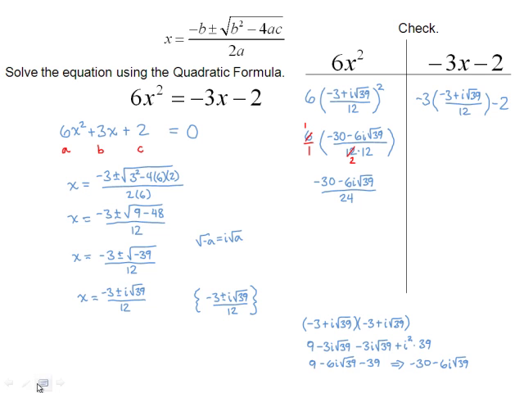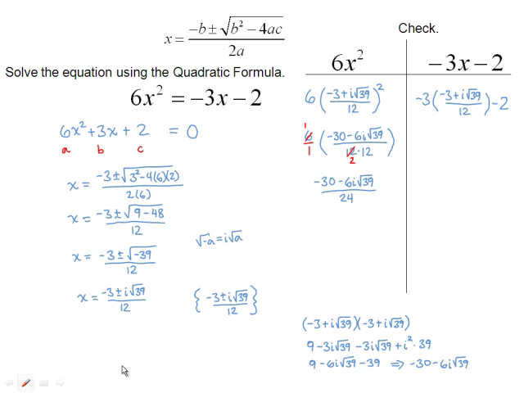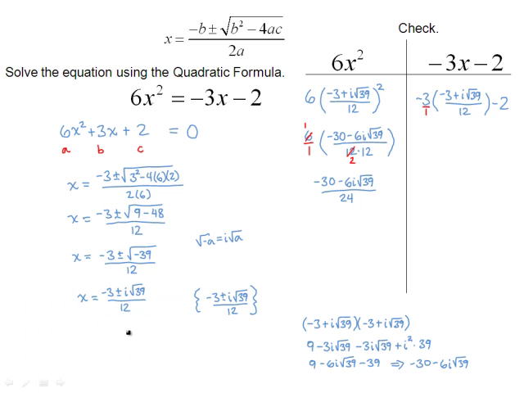So here we would just take negative 3 and distribute it on the numerator. We would have negative 3 multiplied by negative 3, which gives us positive 9. And then negative 3 times i root 39 would be negative 3i root 39.